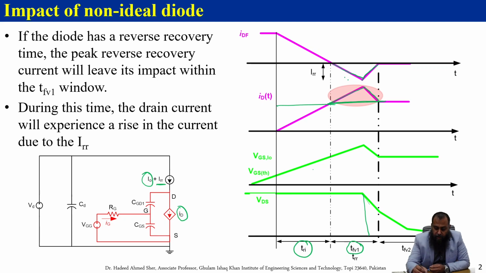So once it is off, this thing will vanish and the current will settle to its rated drain current value, which is designed for that given circuit here. Other than that, if you see these types of peaks here, those peaks are only because of the reverse recovery time of the given diode here.